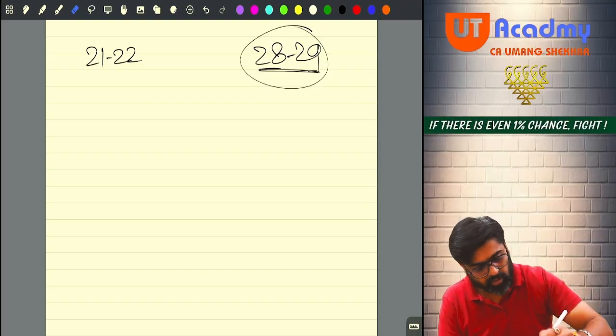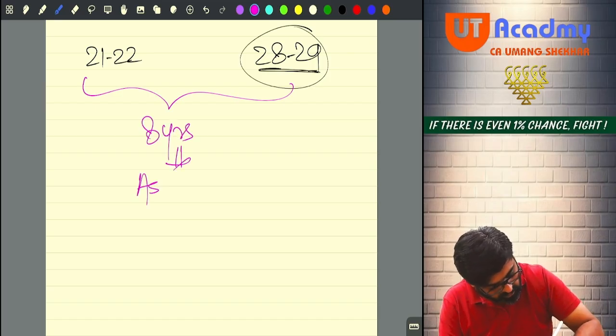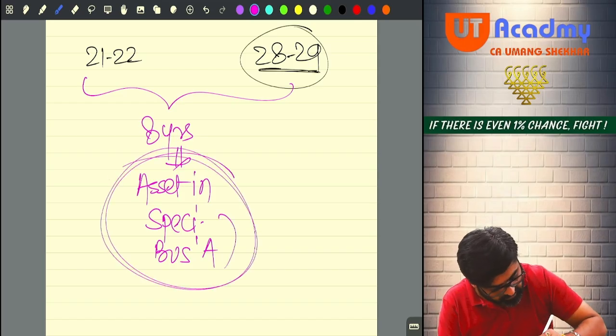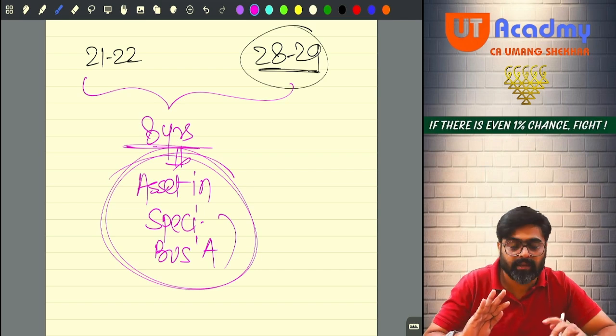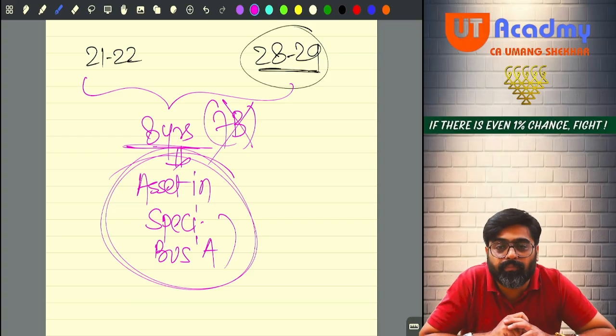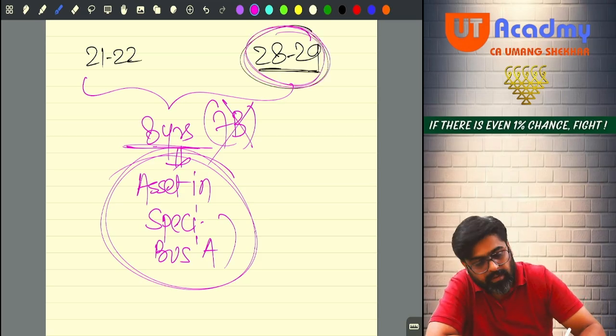For these 8 years, the asset was used in specified business A only. Meaning that 7B will now not be applicable.